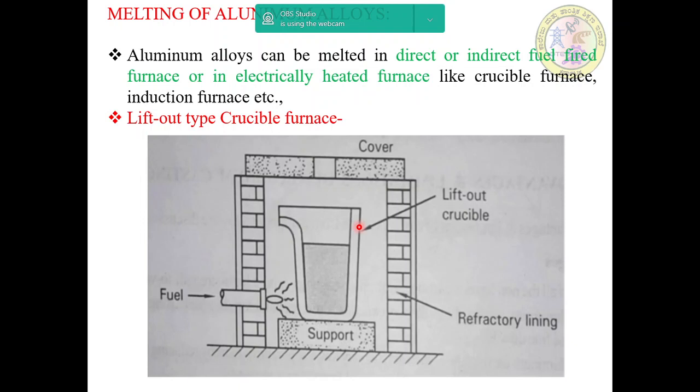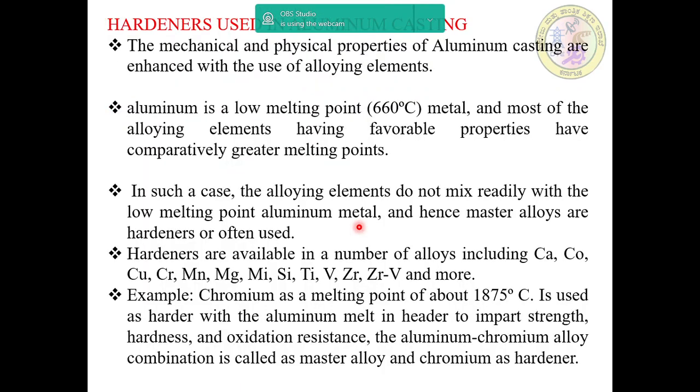After solidifying, you can remove the solidified casting. This is the simple explanation of this lift out type crucible furnace. And then we'll go for hardeners used in aluminum castings.